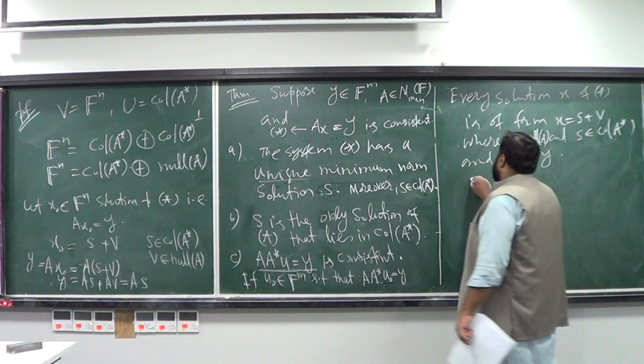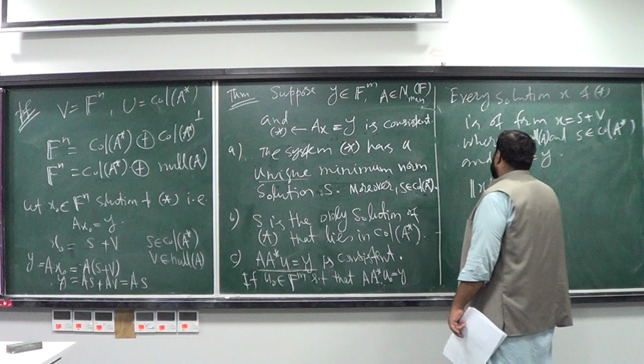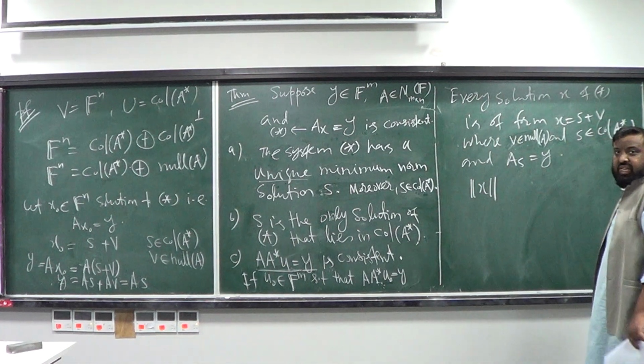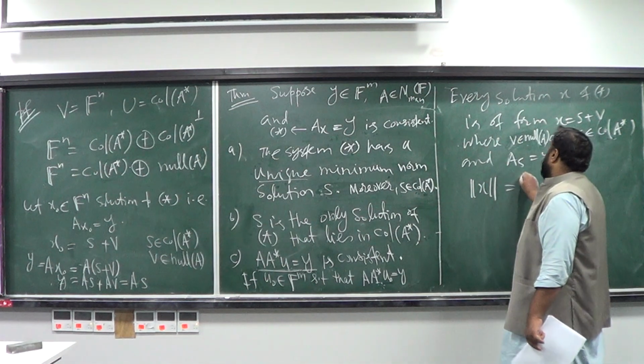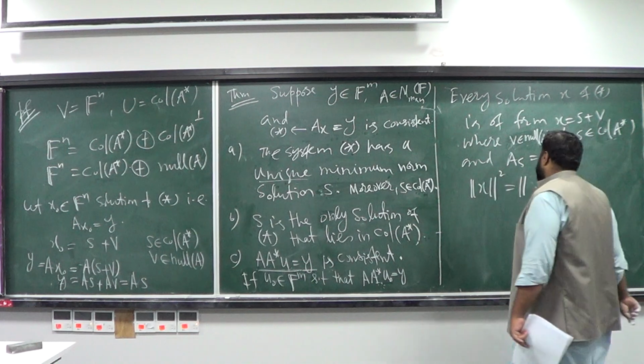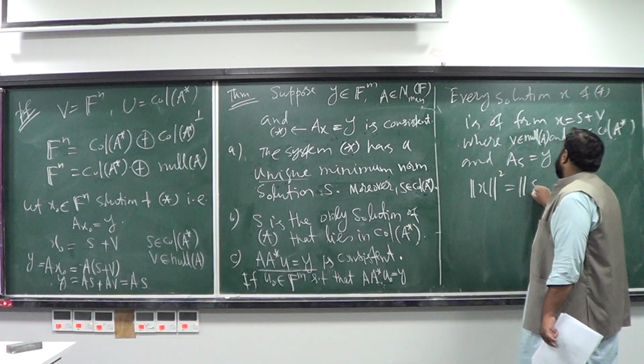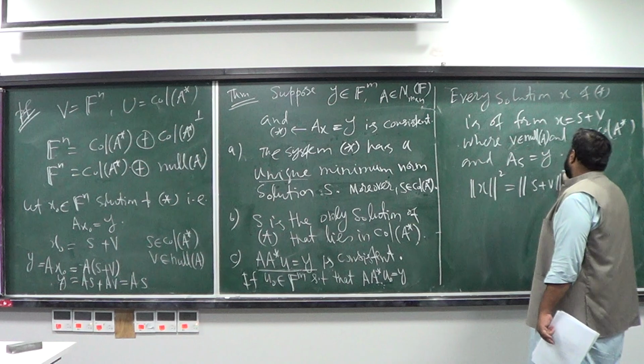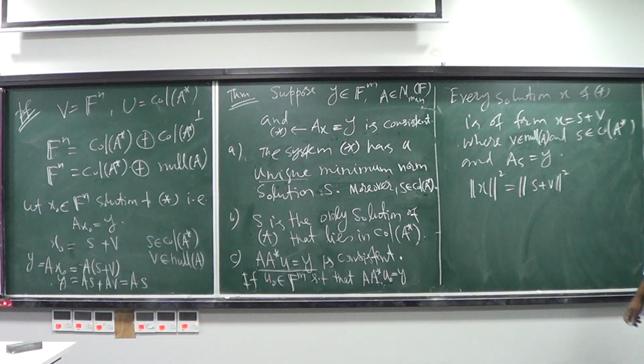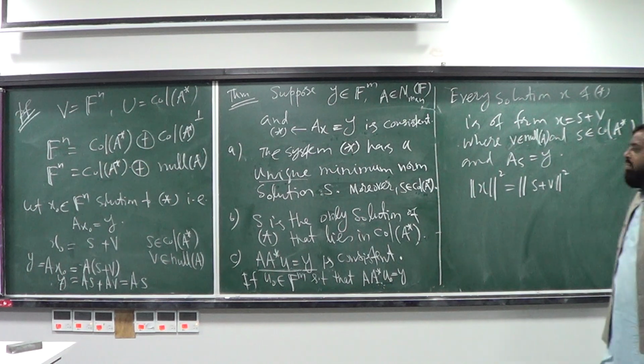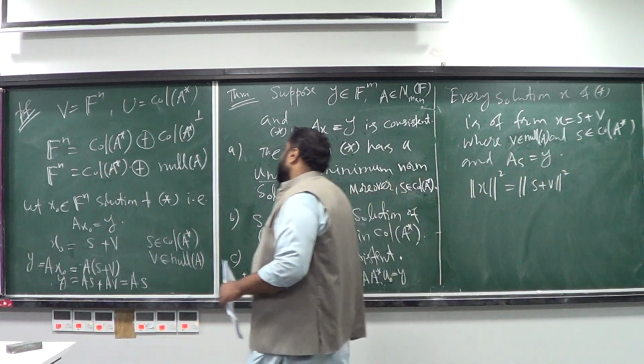And if I compute now the norm of x, or maybe the square of it, it would be equal to the norm of s plus v squared. What do I know about s and v?